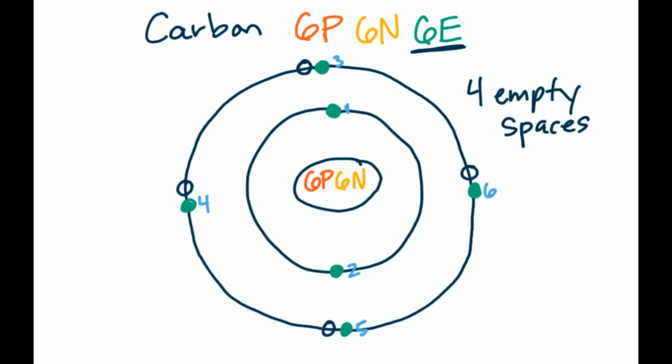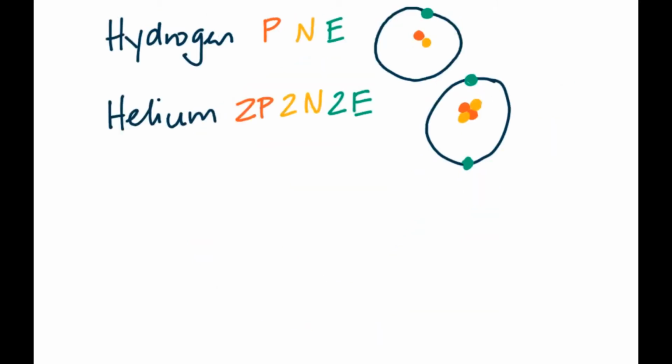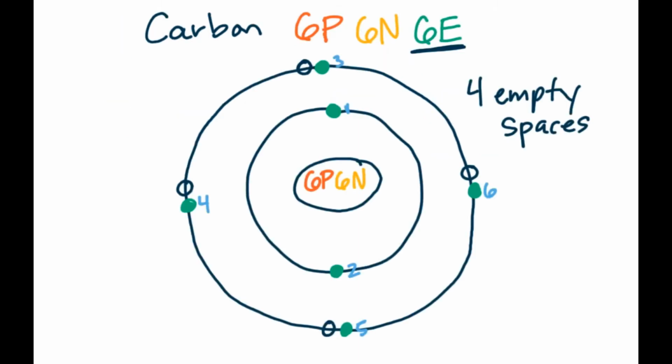What this means is that if you have an element that has empty spaces in its shells, it's going to want to interact with other elements so that it can fill in those shells. If we go back to the hydrogen, I forgot to write this here, it only has 1 electron, and so it has an empty spot. Helium is completely full. And so whatever number of electrons you have on that outer shell is going to determine how it interacts with other atoms.